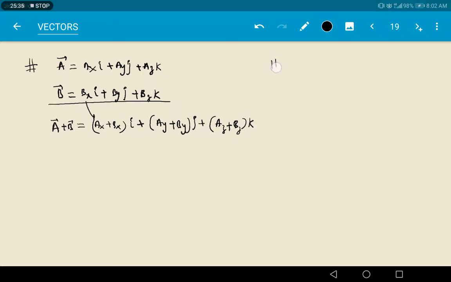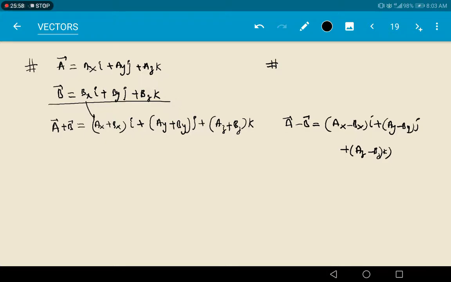And next subtraction, in a similar manner, in the place of plus you can keep minus, so a bar minus b bar is equal to ax minus bx of i, ay minus by of j plus az minus bz of k.